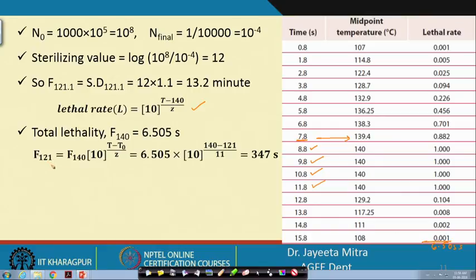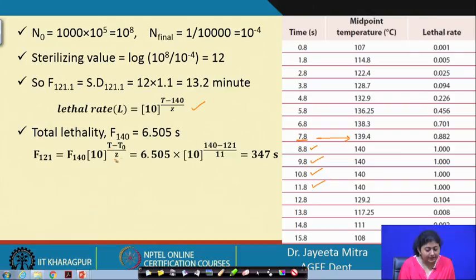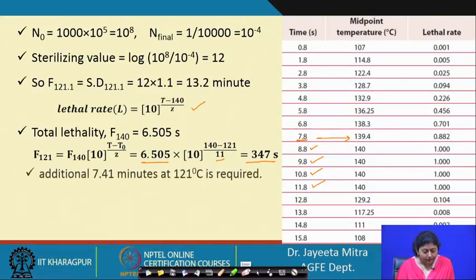Now, F 121 will be F 140 into 10 to the power (T minus T0) by Z. So, if F 140 is 6.505 into 10 to the power (140 minus 121) by 11, that is 347 seconds.